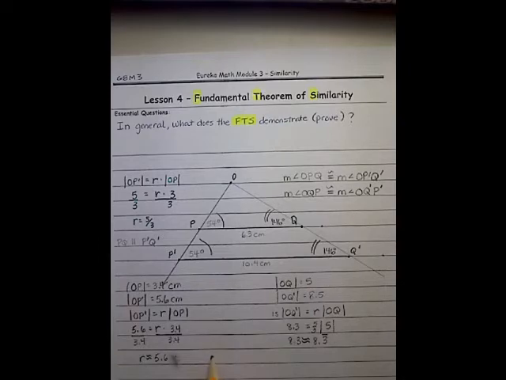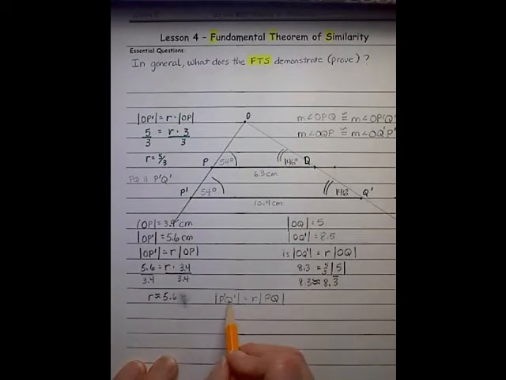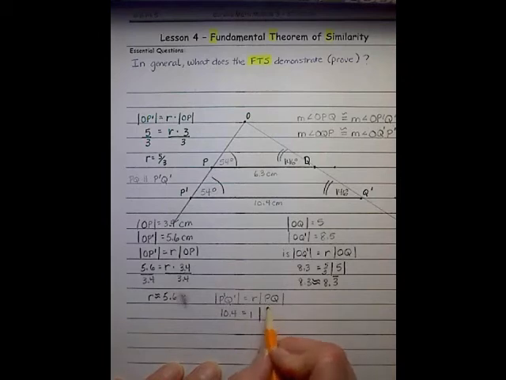So I've got P prime Q prime is equal to the scale factor times the length of the original segment. And this would be the dilated segment, so they are both primes. So that's P prime, Q prime. And P prime, Q prime was 10.4, and the length of PQ, which was 6.3.